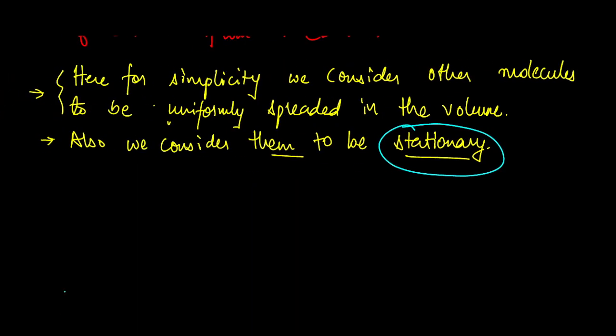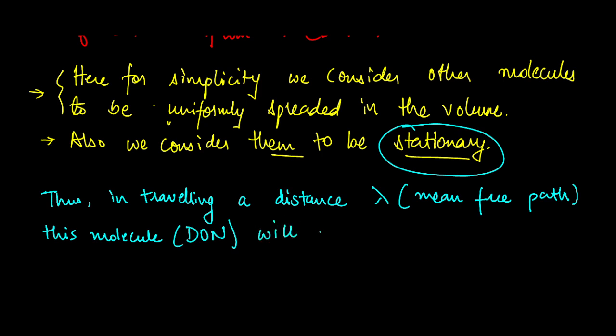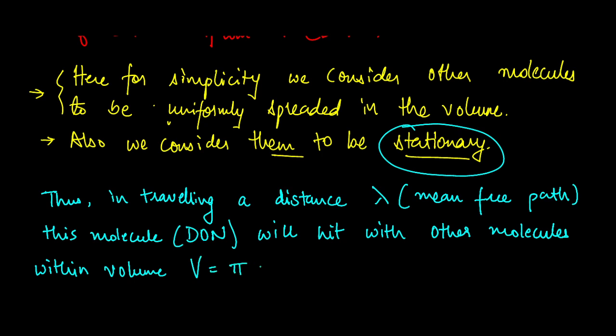So now I am going to write it as follows. Thus, in traveling a distance lambda, which is nothing but mean free path, this molecule, again this molecule is just a simple name, we know its true name, will hit other molecules within volume V equal to pi d squared lambda.